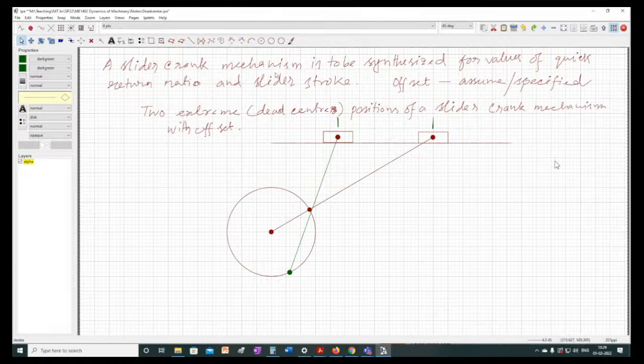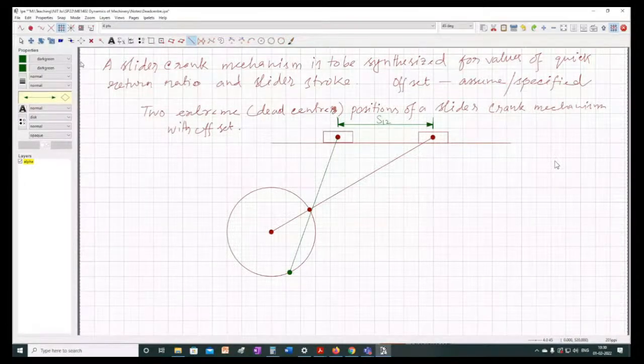So from this point to this point, this distance is the stroke length S12. Okay, that is given to us. And what is the quick return ratio?